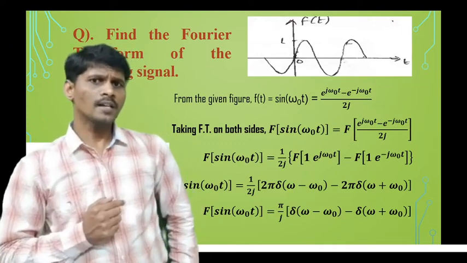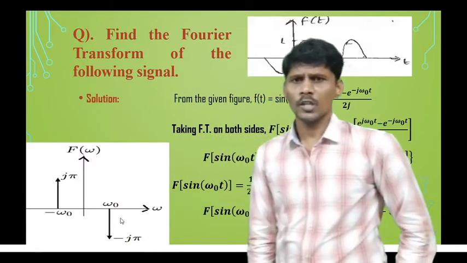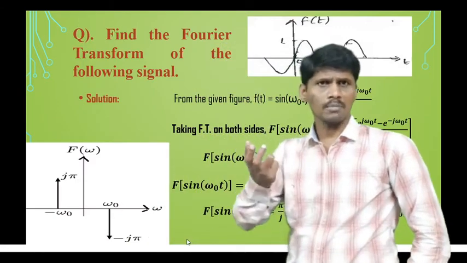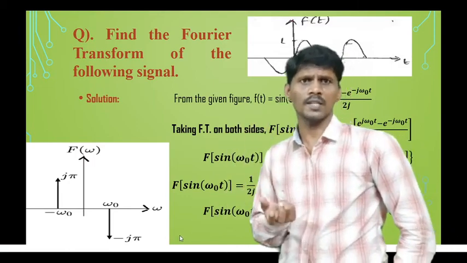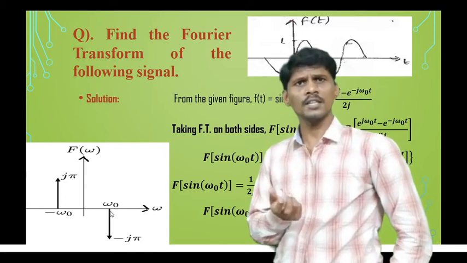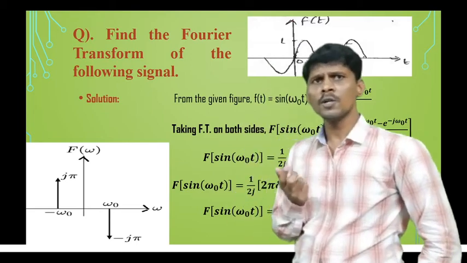So because of that, at omega equal to omega naught, the impulse is drawn in the downward direction. And pi by j is also correct. Pi by j is a positive value, so at omega equal to omega naught it is represented by the upward direction. What is the magnitude value? Pi by j.